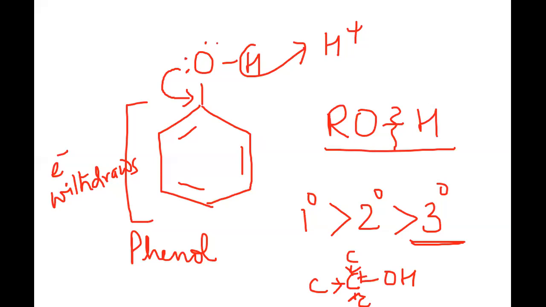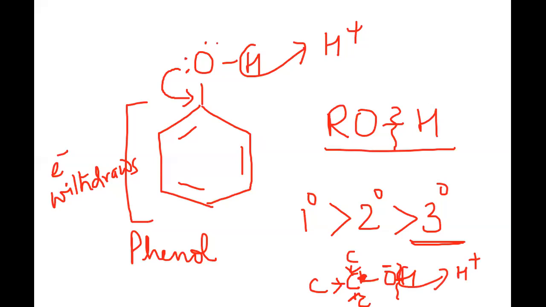We have to talk about the rupture of this bond here. These electrons are being moved towards oxygen, strengthening the negative charge on oxygen, and therefore the removal of H plus becomes difficult. Therefore, the tertiary alcohols are least acidic, whereas the primary is more acidic.